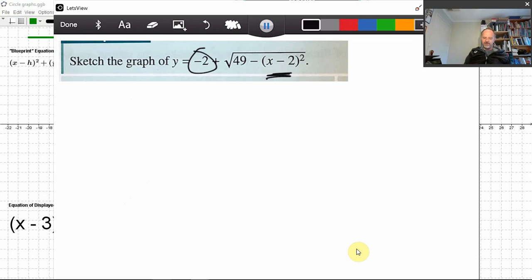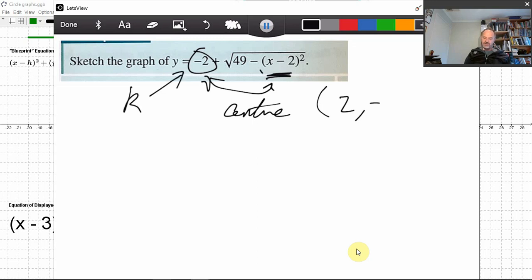And of course, those two have got things to do with our center. So you might then have a look and we say, okay, so our center with the x minus 2, that bracket's equal to 0 when x is equal to 2. So there's our h. And this other one on the end, that's in fact our k. So that's at minus 2.